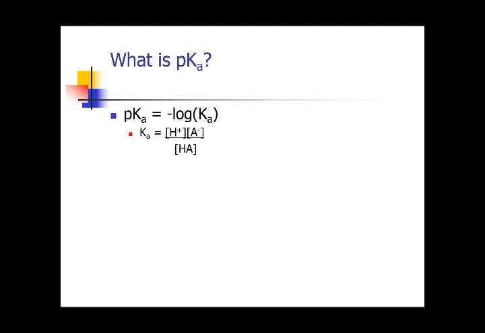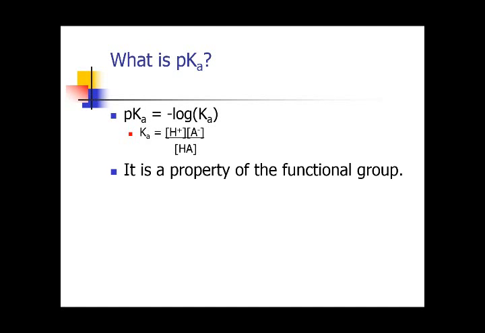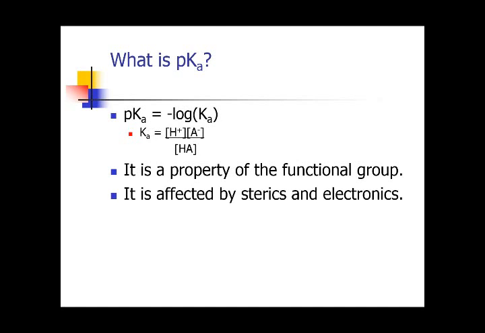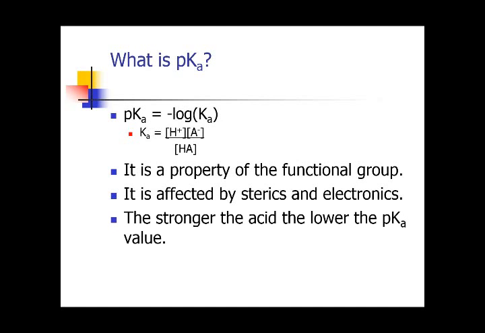The Ka is the H+ concentration times the A- concentration over the HA concentration. And this is a property of the functional group. It's affected by various factors, sterics and electronics, but the rule is simple. The stronger the acid, the lower the pK value. The weaker the acid, the higher the pK value.